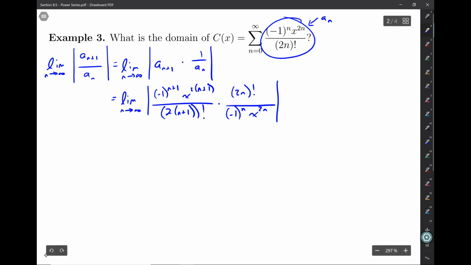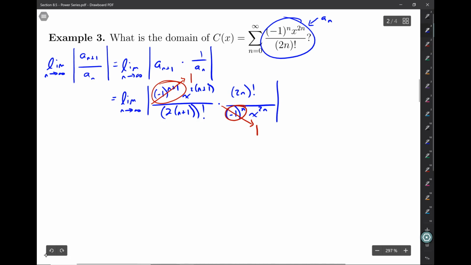When we're taking the absolute value of factors, we can essentially say that this negative 1 to the n plus 1, depending on the value of n, is either going to be a positive 1 or a negative 1. But if we're taking the absolute value of this, then the absolute value of negative 1 is 1. The absolute value of positive 1 is 1. This really is just 1. And the exact same argument can be made for this negative 1 to the n. These are each just 1.